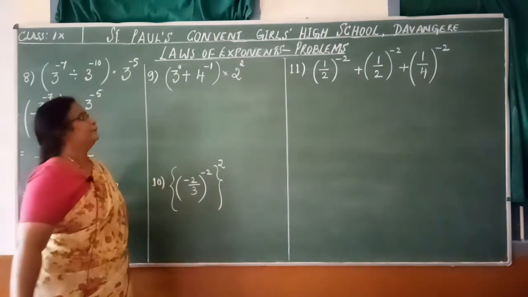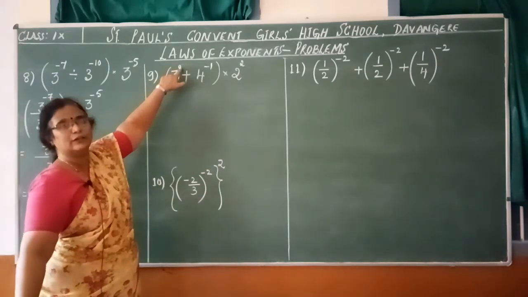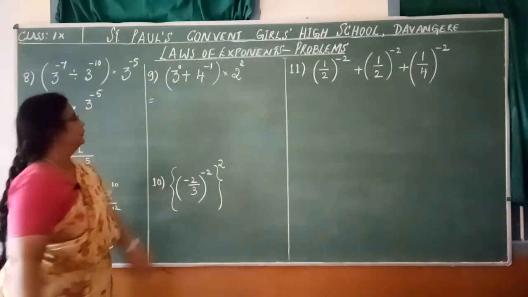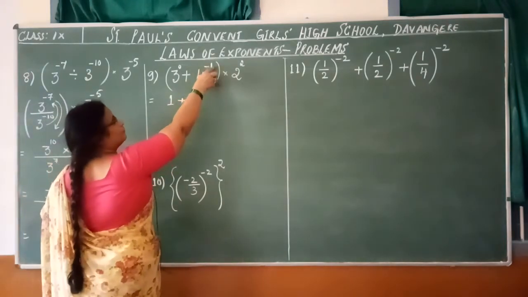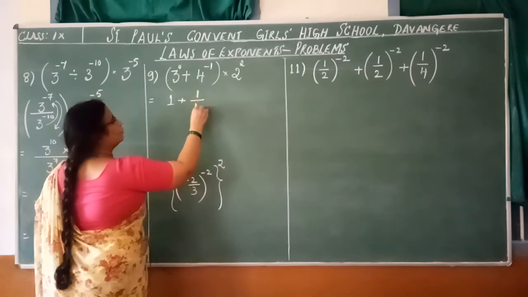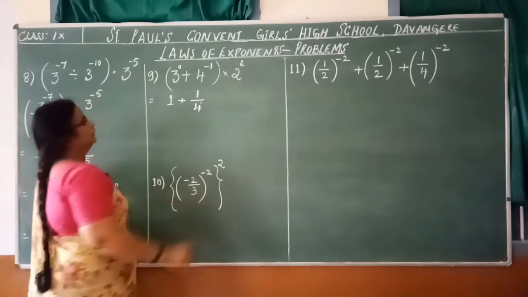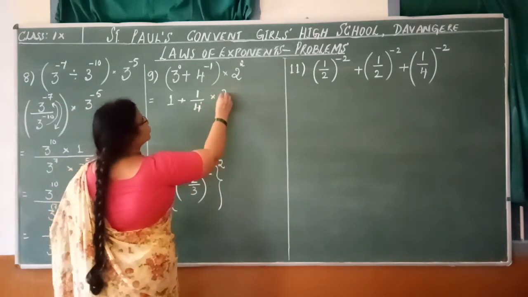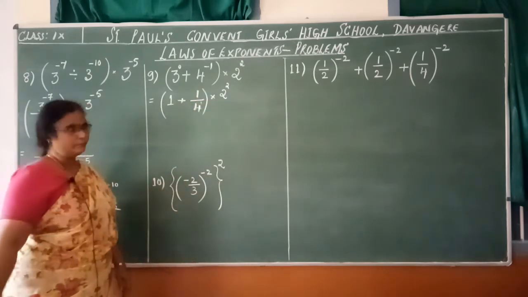The other example, as I said, anything to the power of 0, its value is 1. So we shall write its value as 1. Plus 4 to the power of minus 1 is 1 by 4 to the power of plus 1. It's the inverse of minus 4, into 2 square as it is. I will write, use the bracket.